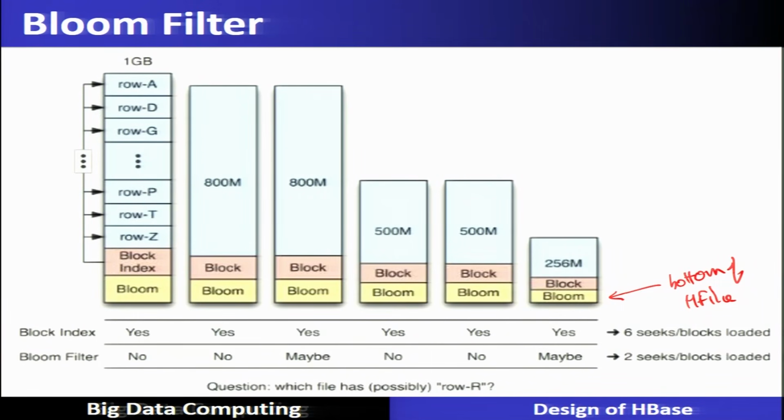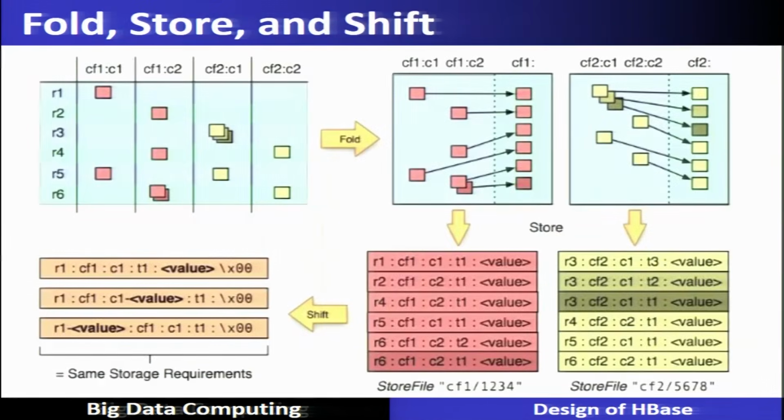Using the BloomFilter, you can access at most 2 blocks; the entire set of blocks does not have to be read sequentially. Hence the access is reduced from 6 seeks per block to 2 seeks per block using the BloomFilter, and the BloomFilter is stored as a part of the HFile.